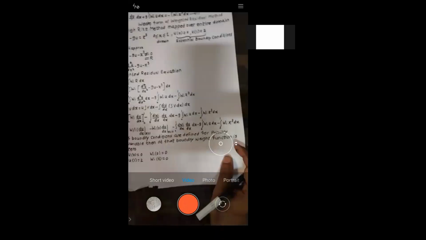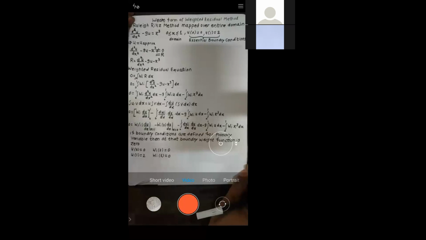See, one thing you remember. What is very important in this particular method is this statement. If the boundary conditions are given in terms of the primary variable, that is, essential boundary conditions, then at that boundary you need to take the weight functions as 0. This is very important.